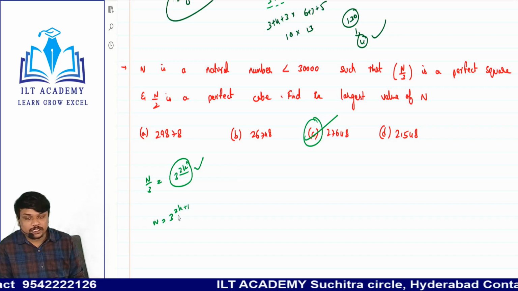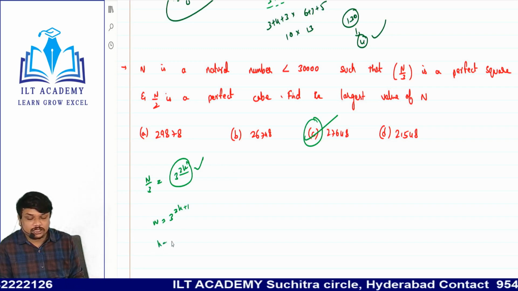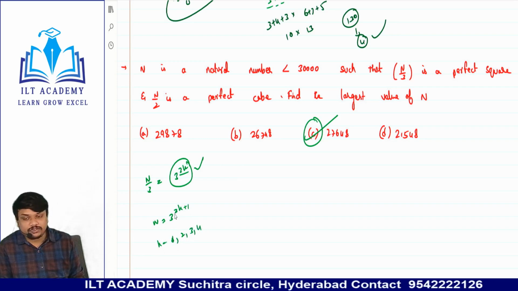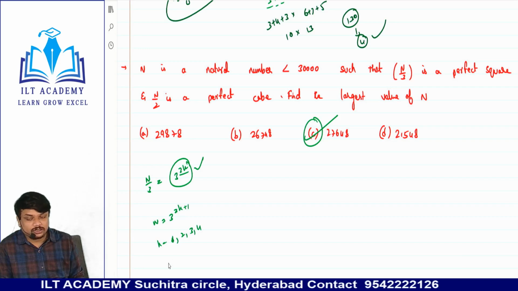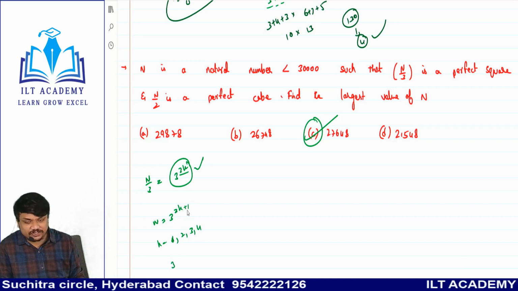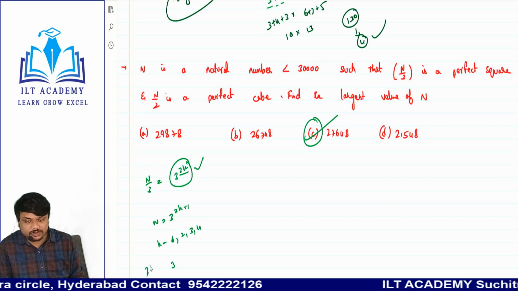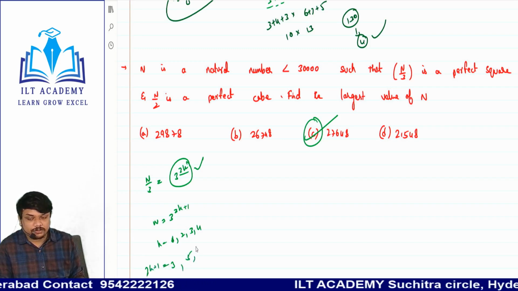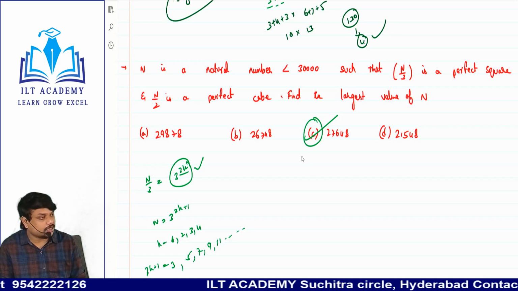So 2k plus 1. Now k value you can take as 1, 2, 3, 4 like that. So 2k plus 1 value will become 3, 5, 7, 9, 11, and so on, like this numbers are there.